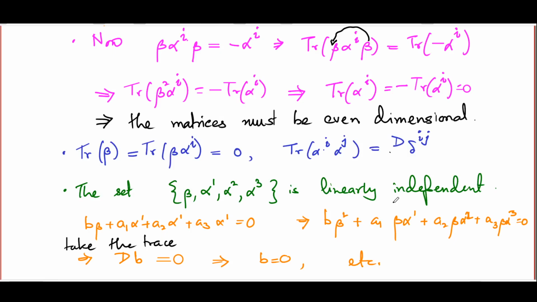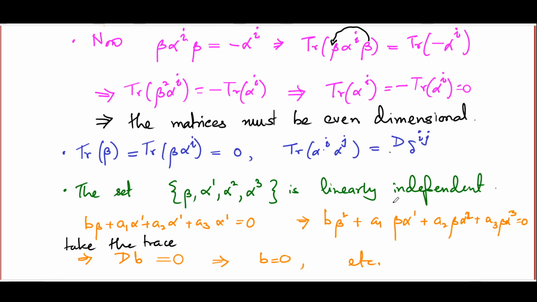But that will give you b beta square plus a1 beta alpha 1 plus a2 beta alpha 2 plus a3 beta alpha 3 equal to 0. Note that beta square is the identity, whereas beta alpha 1, beta alpha 2, beta alpha 3 are all traceless matrices.